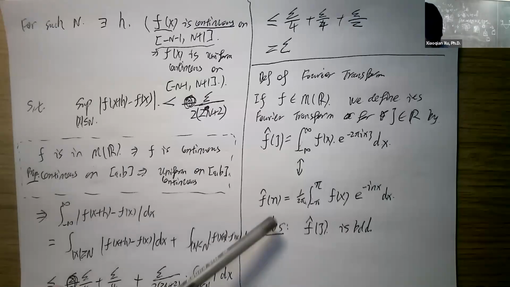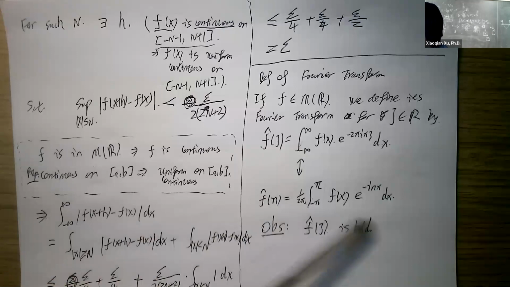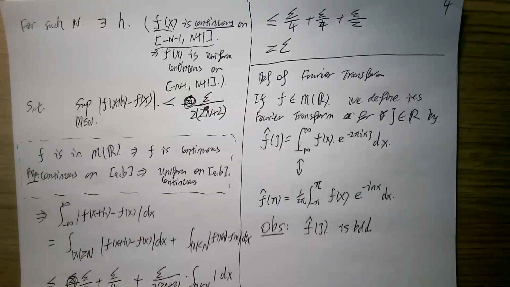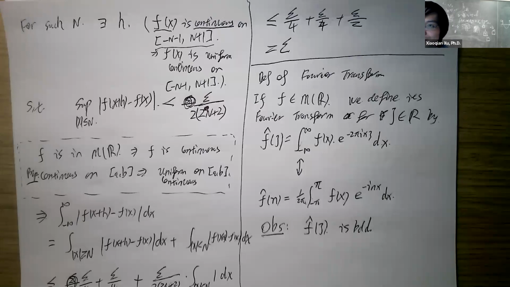So let's try to compare with this Fourier coefficient. Did we mention that the Fourier coefficient of an integrable function is bounded above? If yes, how did we prove it? Why is the Fourier coefficient of an integrable function bounded above?